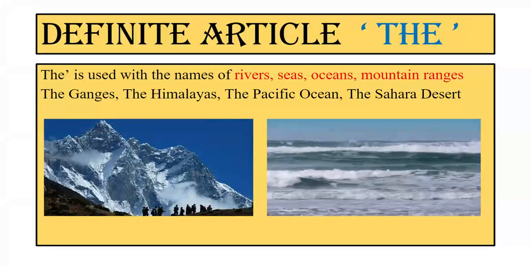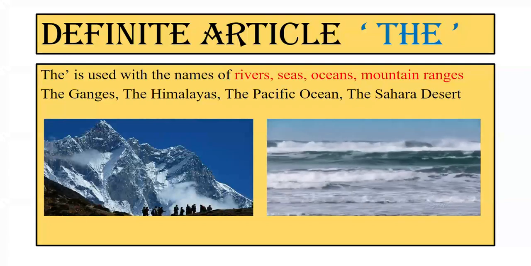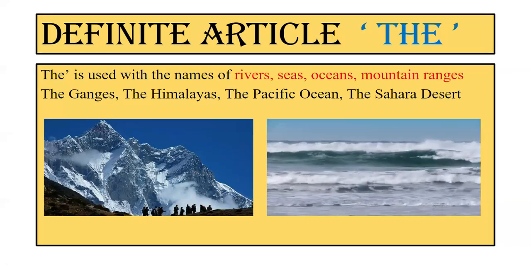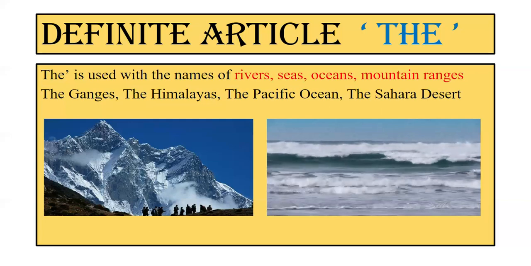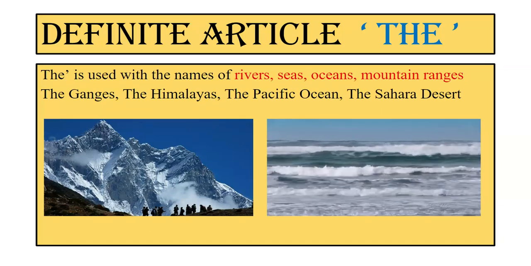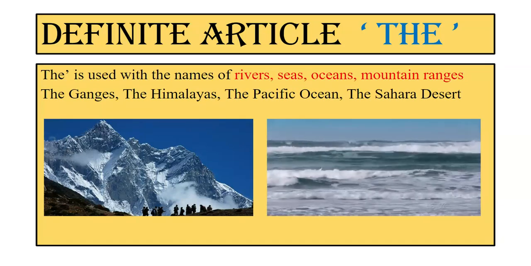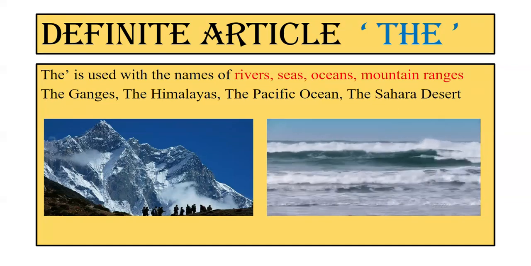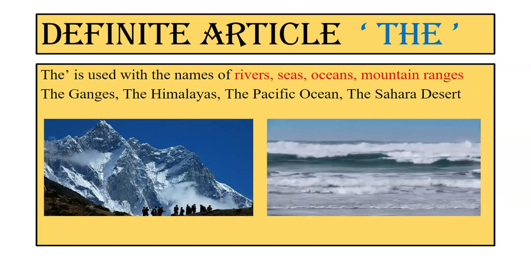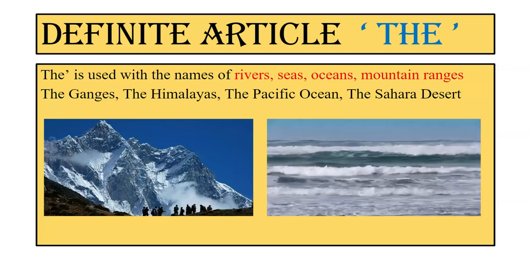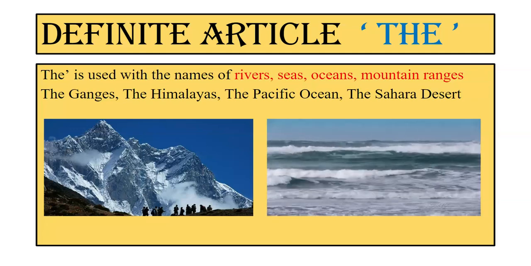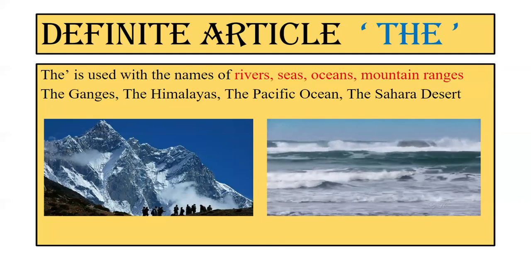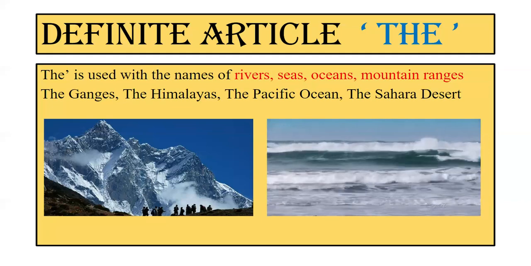Moving on to the. Children, the is the most frequently used word in English. And it's the definite article. We are talking about something which is specific.